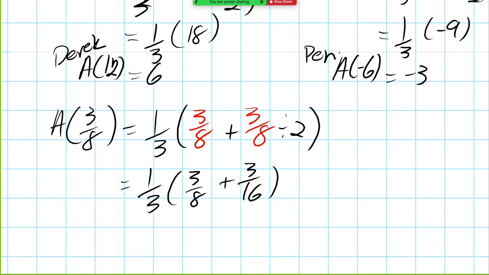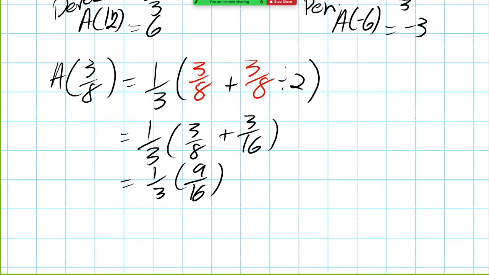When we add those together, we're actually going to get common denominators, so it'd be 6 over 16 plus 3 over 16 becomes 9 over 16. When we finally multiply this answer here, we'll get 9 over 48. Yep, that can be reduced. If we divide by 3, what will we reduce this to? 3 over 16?